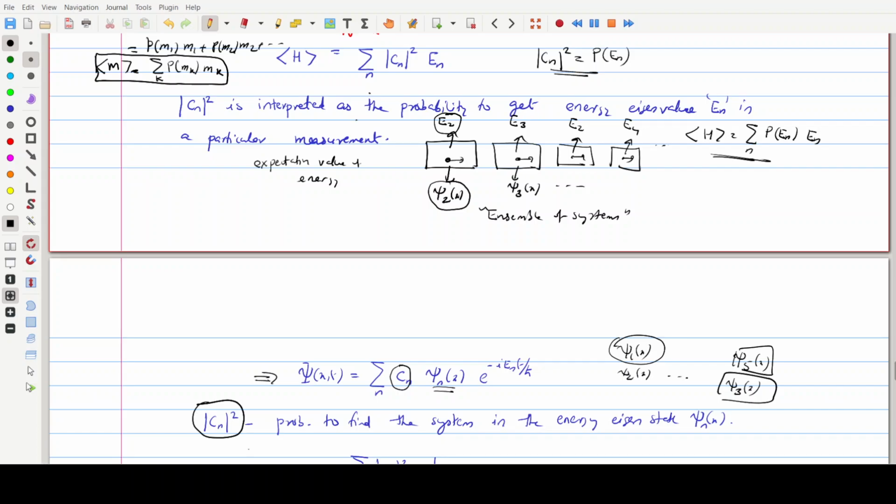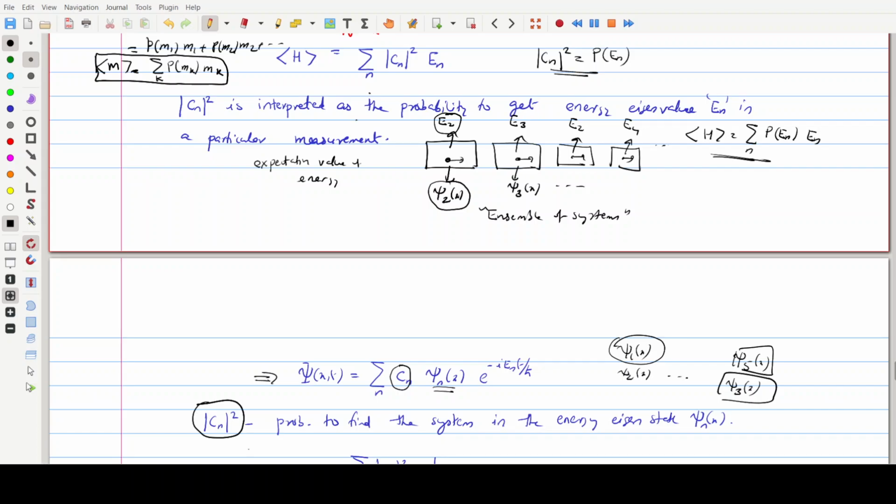If you perform the measurement a large number of times, then you can calculate the expectation value, because in each measurement you'll get a different result. If you sum all the values and divide by the total number of experiments, you get the average value, or the expectation value.